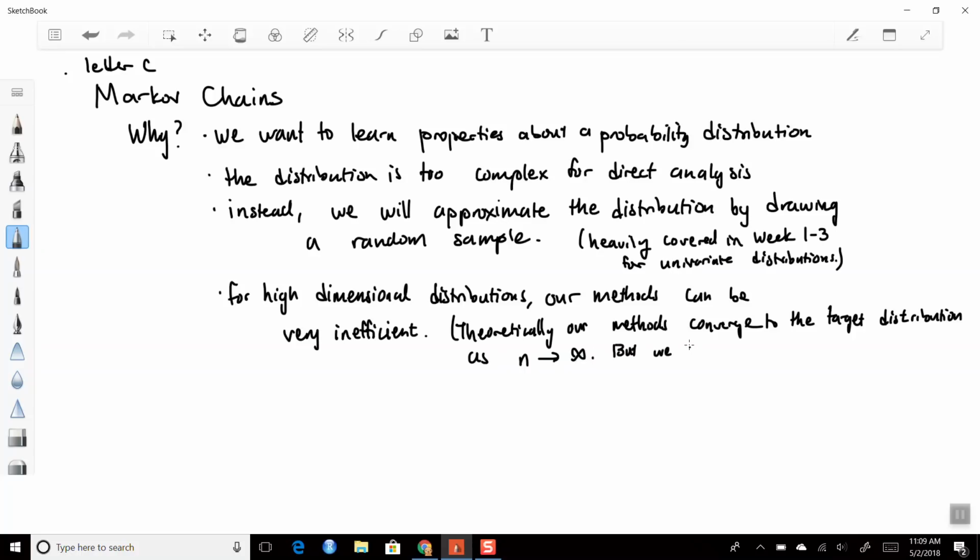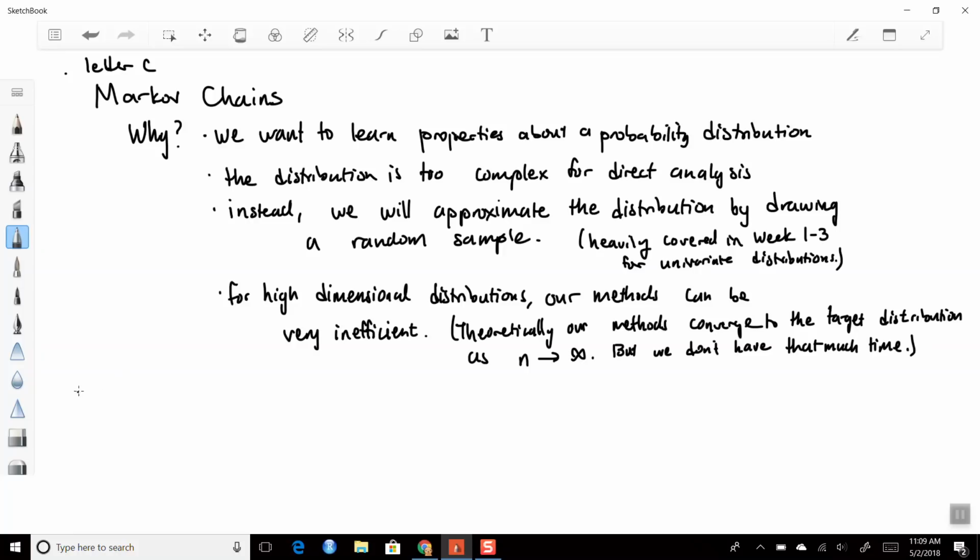But we don't have that kind of luxury. We don't have that much time. So we're always dealing with just a finite random sample. Okay, and this is often a problem when you have a very sparse distribution, which is often the case.